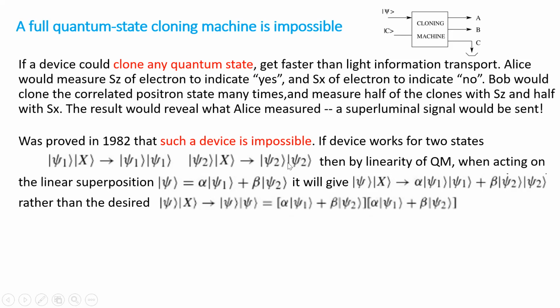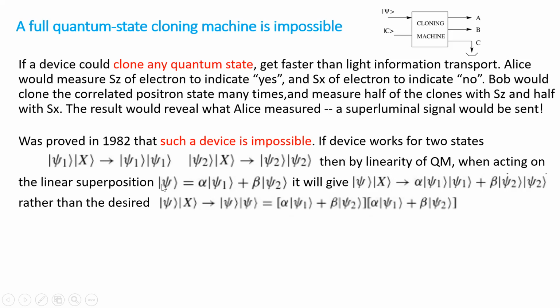So if it works for 2 states, then by the linearity of quantum mechanics, a device has to act through what are called unitary operators, which evolve the wave functions in a linear fashion.